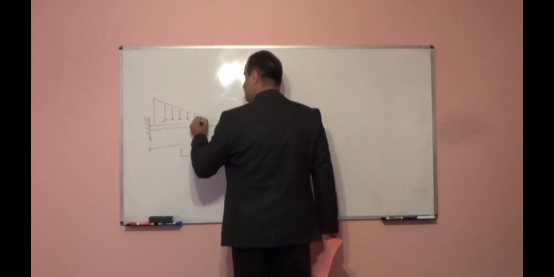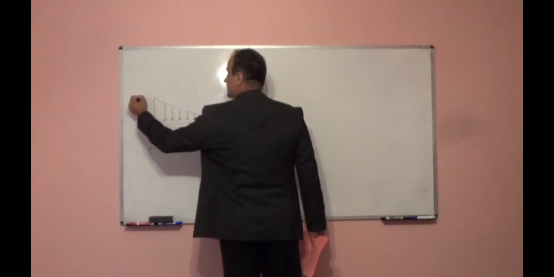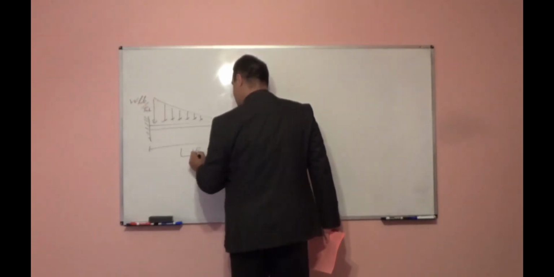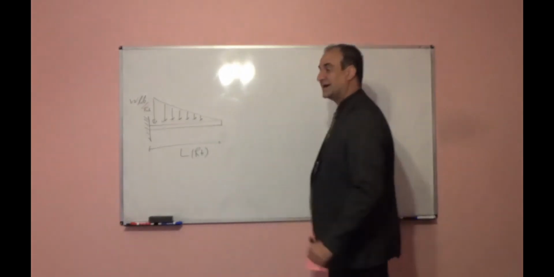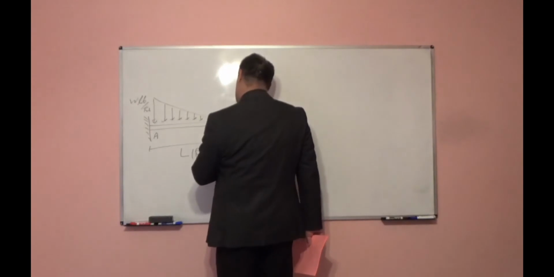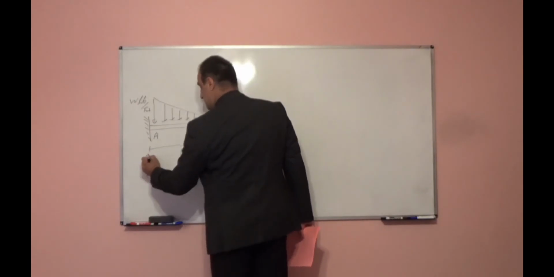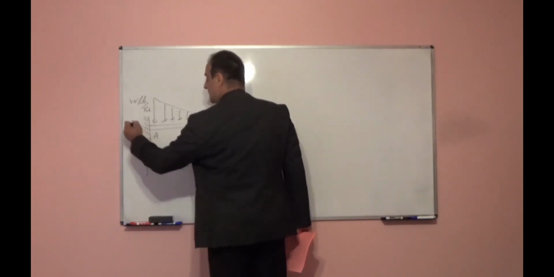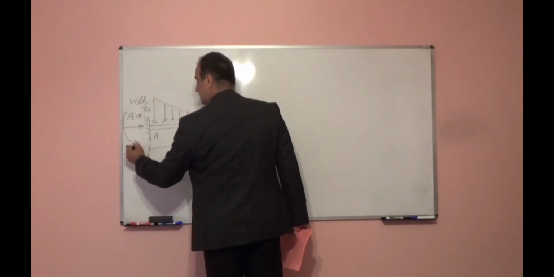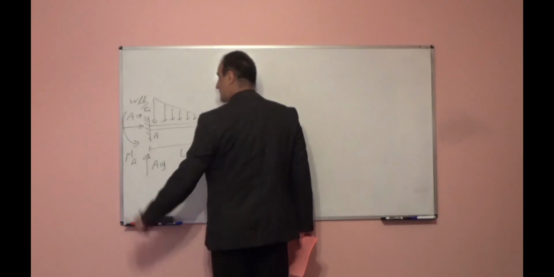The shape is a triangle, and this is again W pound per feet. This is L feet. I want to find reactions. If this is point A, this is point B, reactions will be AY, AX, and moment at fixed support MA.